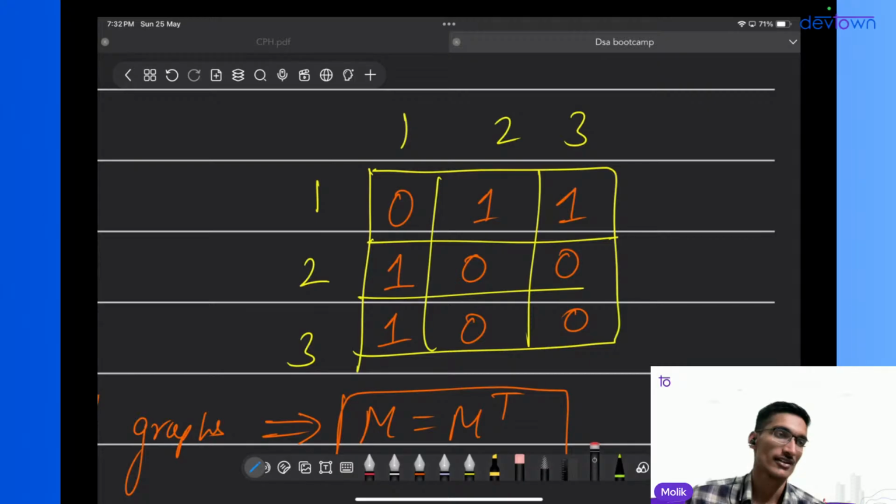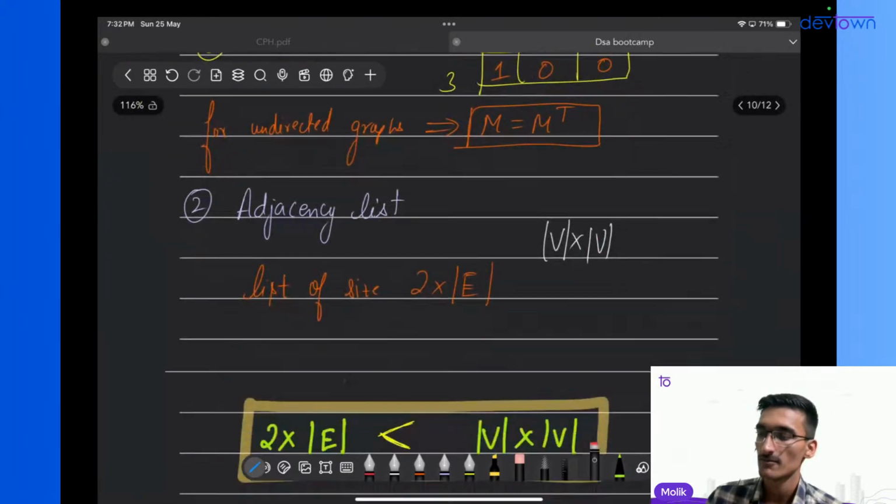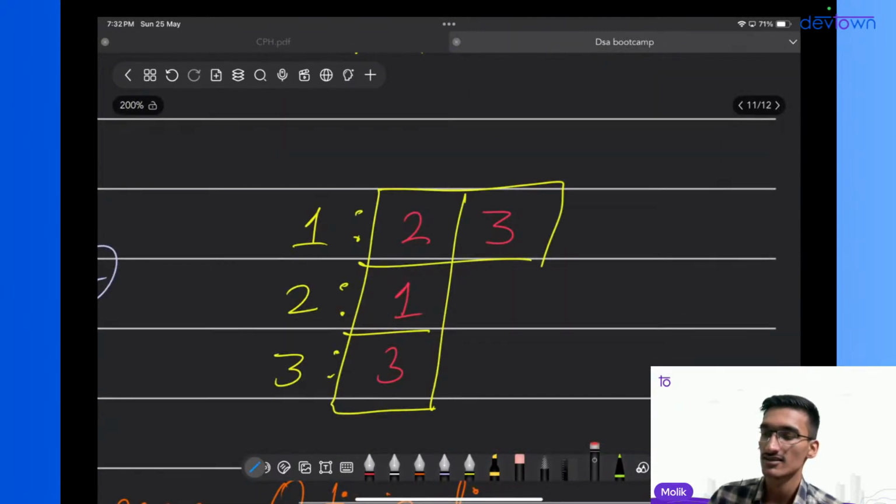So like Nitin said list, right? So Nitin, if I ask you, in your representation, is there an edge between 1 and 2, what will your algorithm be? You will say simply do a linear search in the array of 1 or in the array of 2.